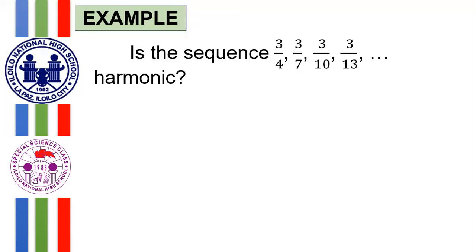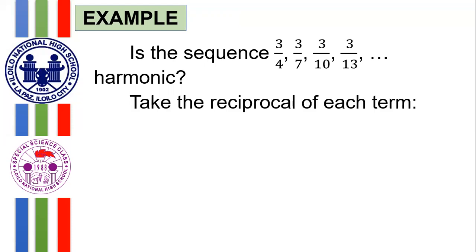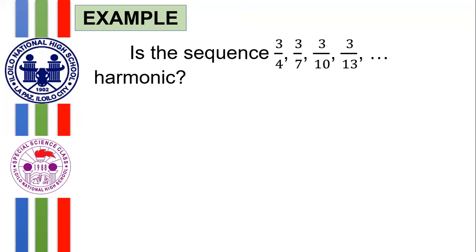Let's have another example. Is the sequence 3/4, 3/7, 3/10, 3/13 harmonic? How do you know if it's harmonic? You can know if it's harmonic if its reciprocal is an arithmetic sequence. So this time we will be doing the reverse.